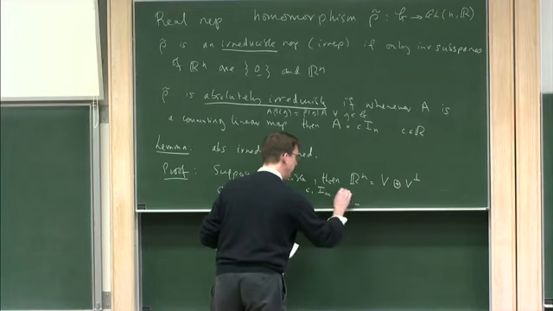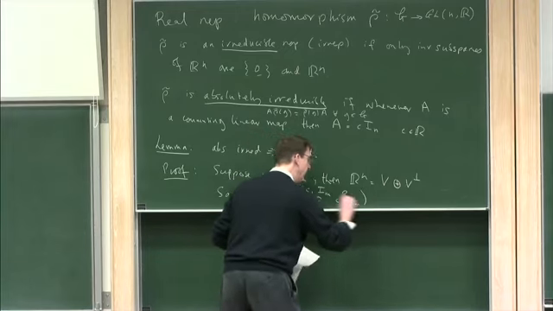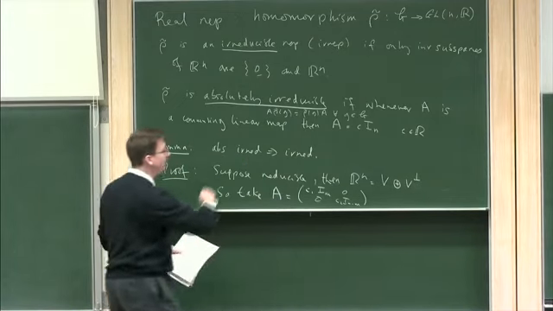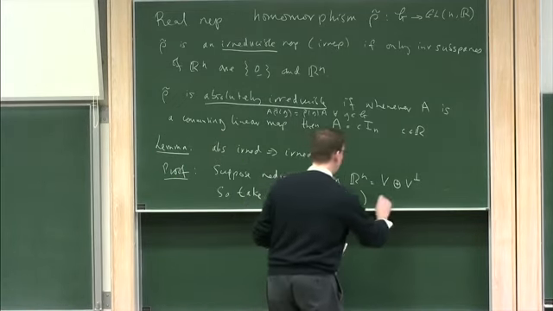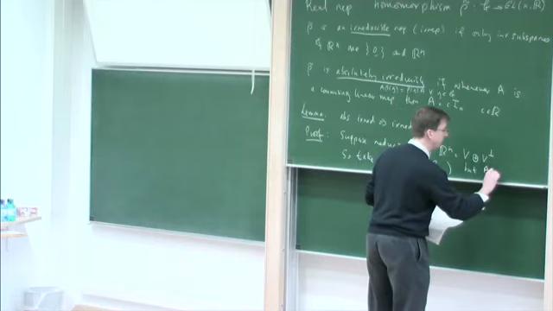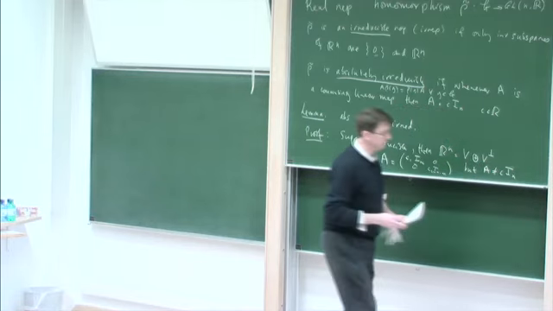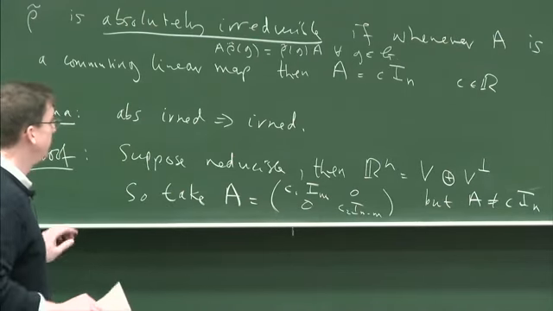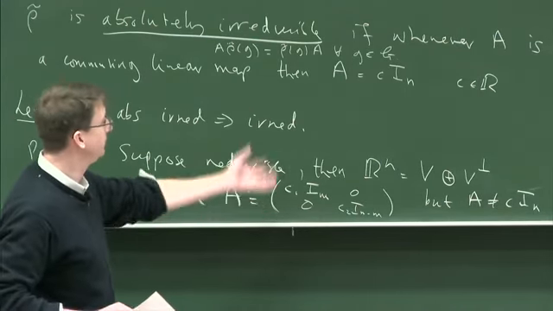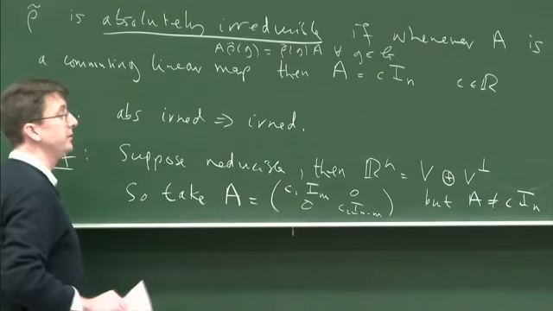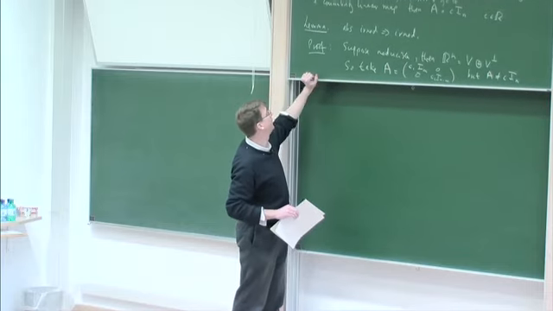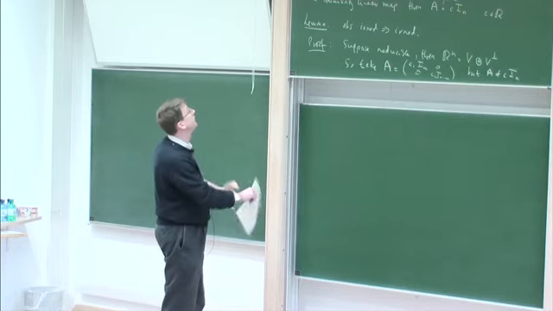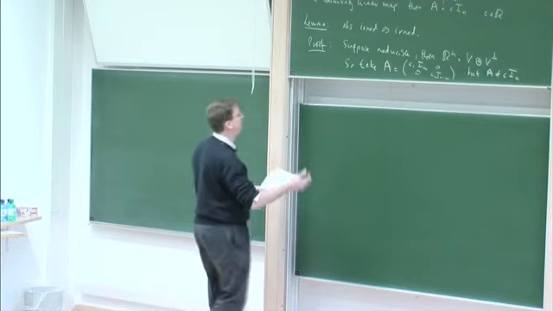They don't have to be the same multiple. So clearly this is a commuting linear map, but there's no single c necessarily for A. So I have a set of commuting linear maps that's larger than just multiples of the identity, so I am not absolutely irreducible. So that's not B implies not A, which is equivalent to A implies B.